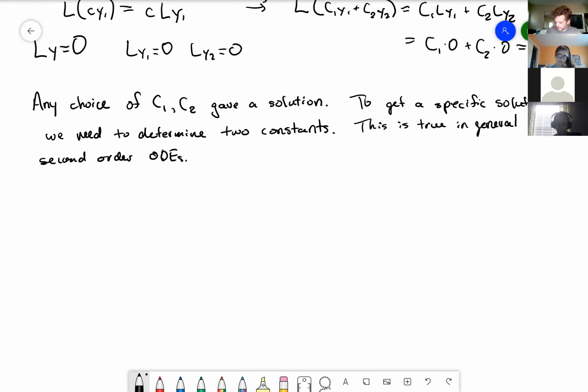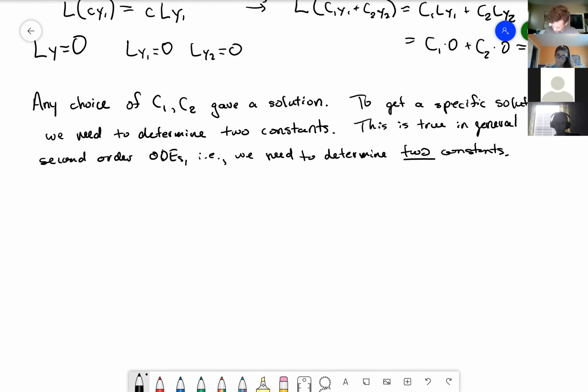What I mean is that, in other words, in order to get a specific solution, we're going to need to pin down two constants.